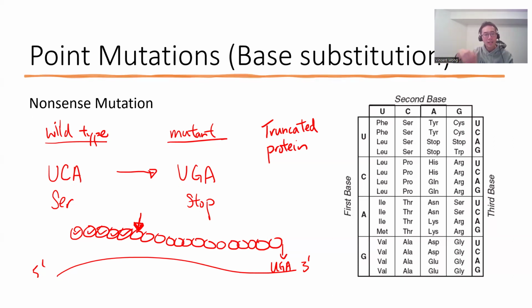You cannot say one is worse than the other. It all depends on location, on where it happens. A nonsense mutation that happens at the end could be a better alternative than a missense mutation that happens in the active site.